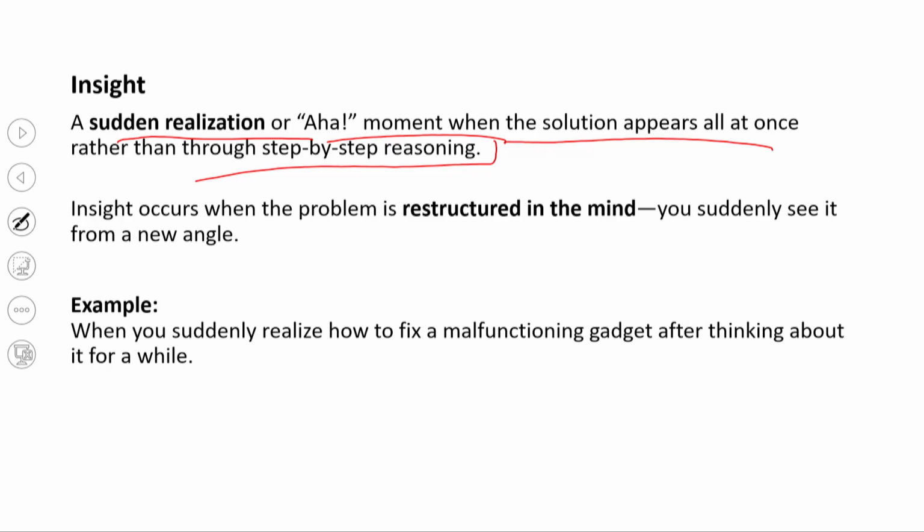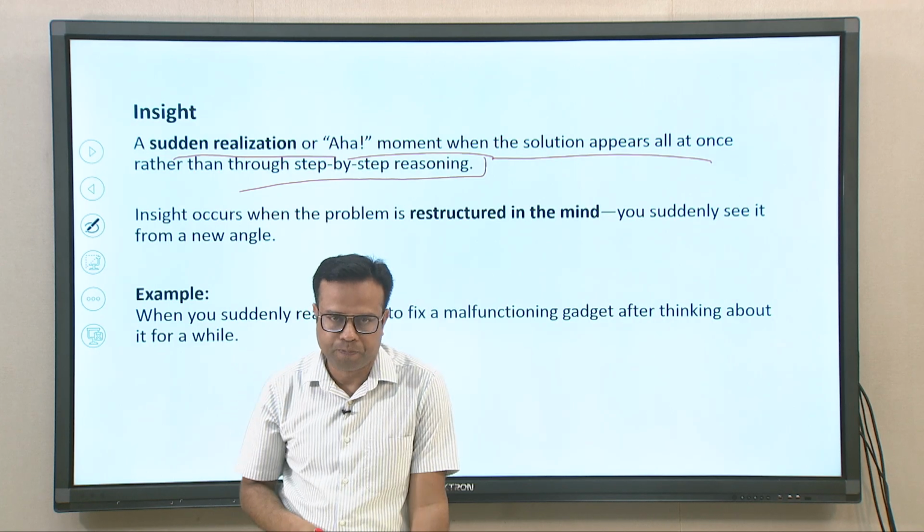Many times you are working on a problem and you are not able to solve it. Then suddenly you find a solution as an insight. It comes suddenly, not step by step. You have been doing everything, but nothing was working. Then suddenly insight comes and you find the solution in one moment. So, sudden realization of the solution is called insight as a way to solve a problem.